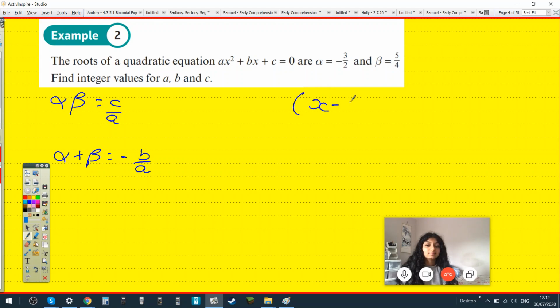So that's what I'm thinking. Wouldn't that be the easiest? So you do x plus 3 over 2 and then x minus 5 over 4 and then just expand the brackets.